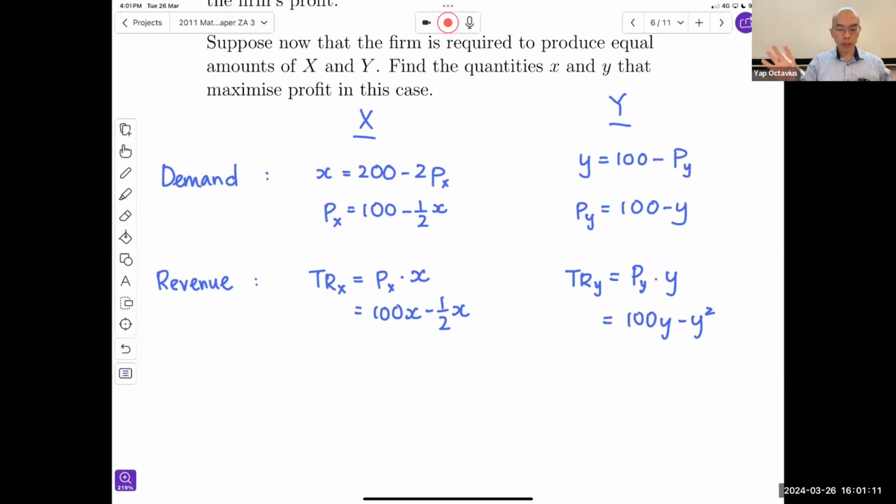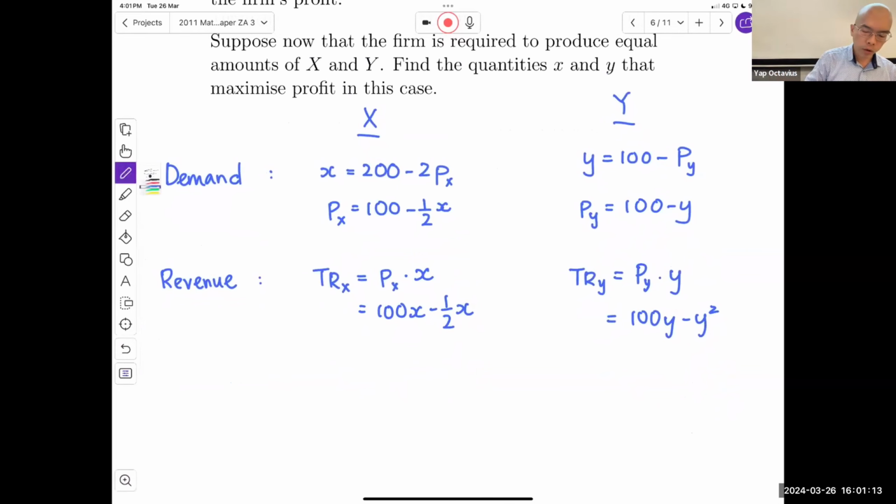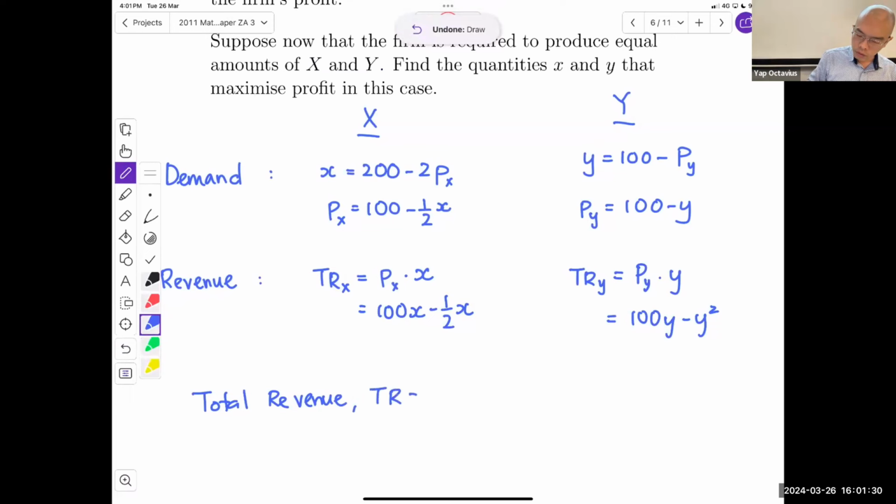So now we have the respective revenues. We can now find total revenue. This one is total revenue, so we're going to sum both together.